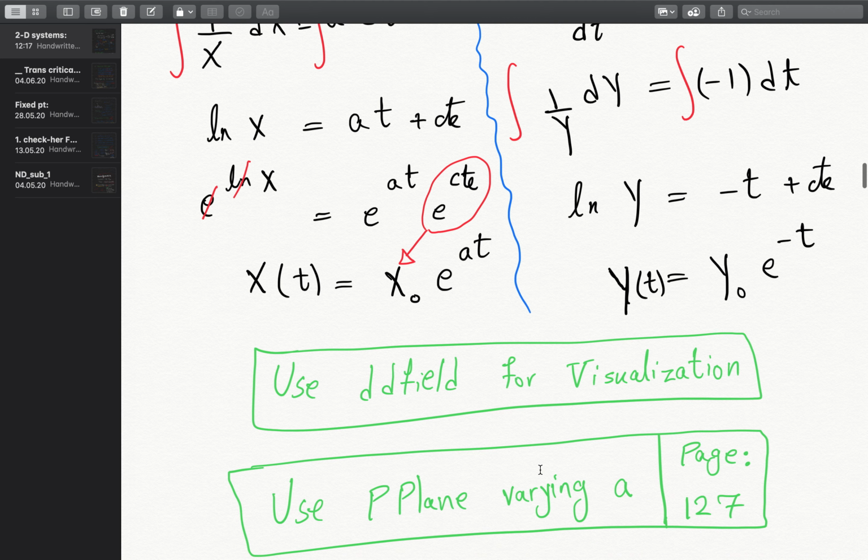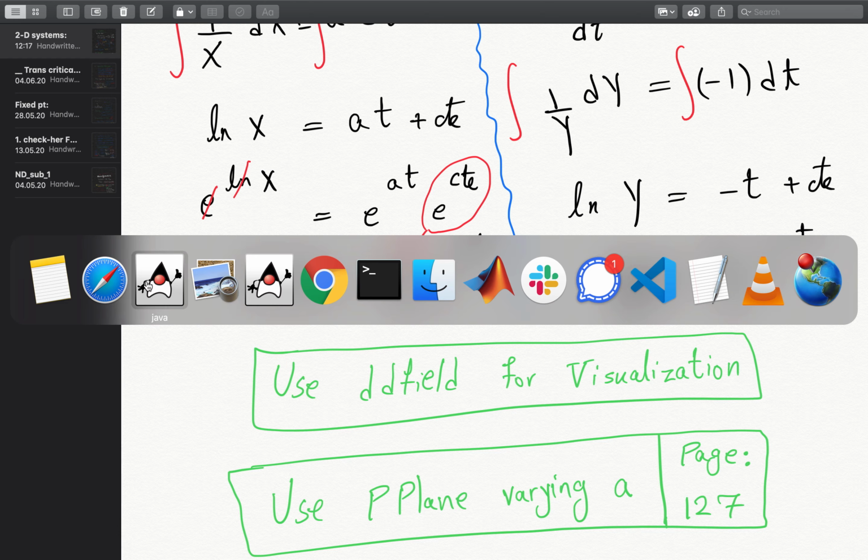So if you also have dfield, right? If we want to find the trajectory, it is not y with respect to x, it is x with respect to t, right?